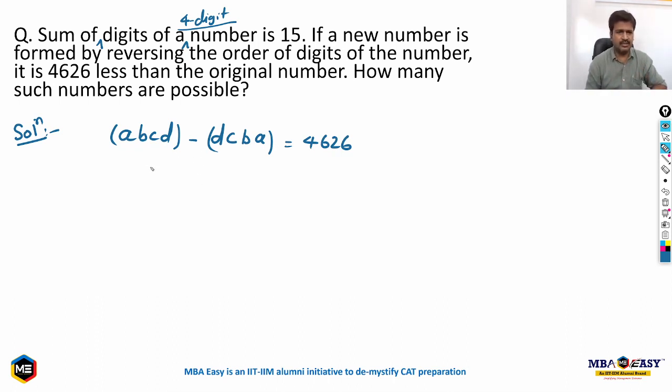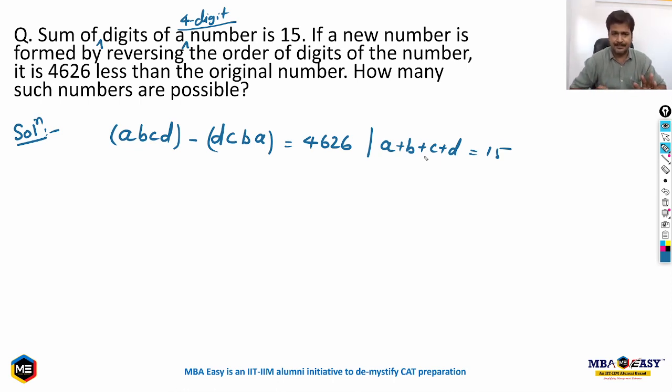The other information given is that the sum of digits of this number is 50. So another equation that can be formed is A plus B plus C plus D is equal to 50. So we have these two equations at our disposal.